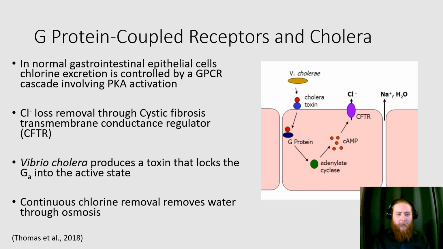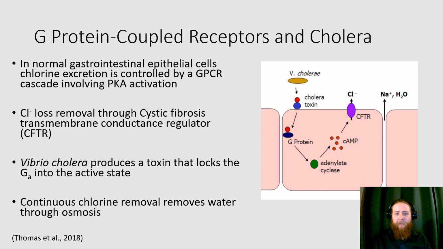So Vibrio cholerae produces a toxin that locks the G alpha into the active state. And cholera is a well-known disease. It's been around for a long time. This toxin has the effect on the body where it creates large amounts of watery stool.